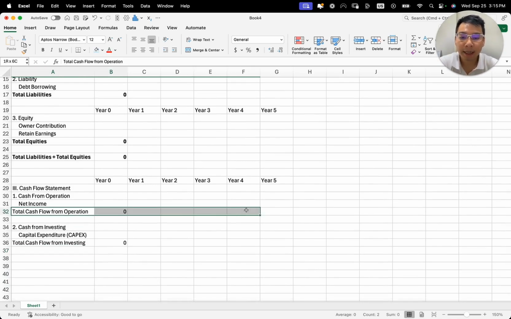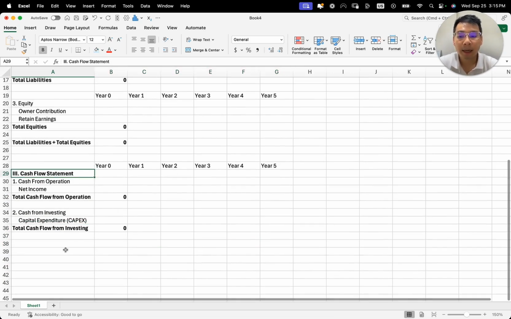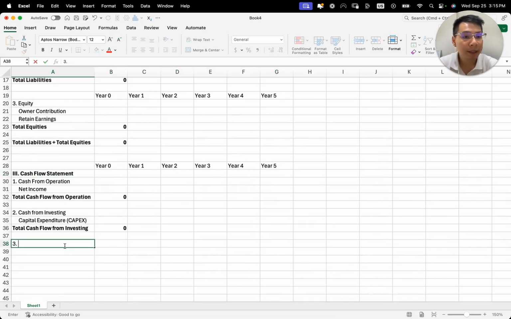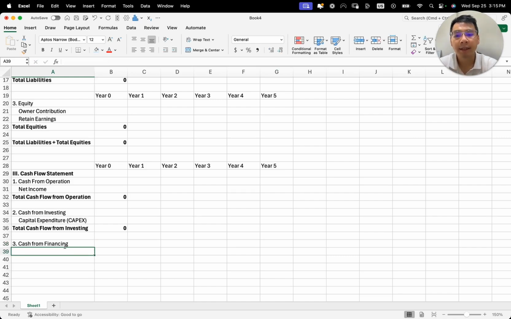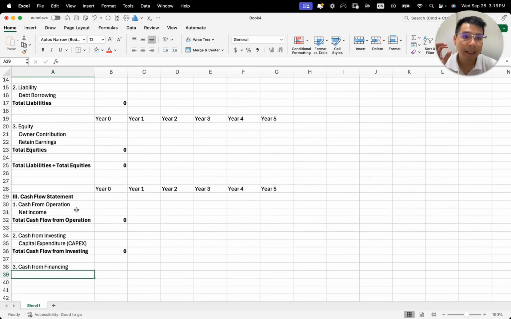So that's the second category in the cash flow statement. Then the last category is the cash from financing. Cash flow from financing is determined by the activity we deal with the owner, or with the debtors, the people we borrow from, such as banks, family, and friends. These are meant to put money into the business or take money out of the business, and it's called financing.